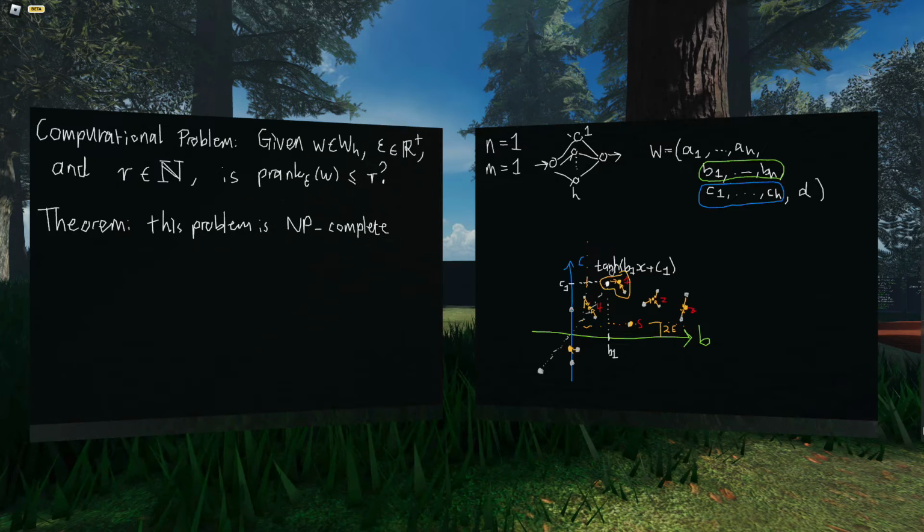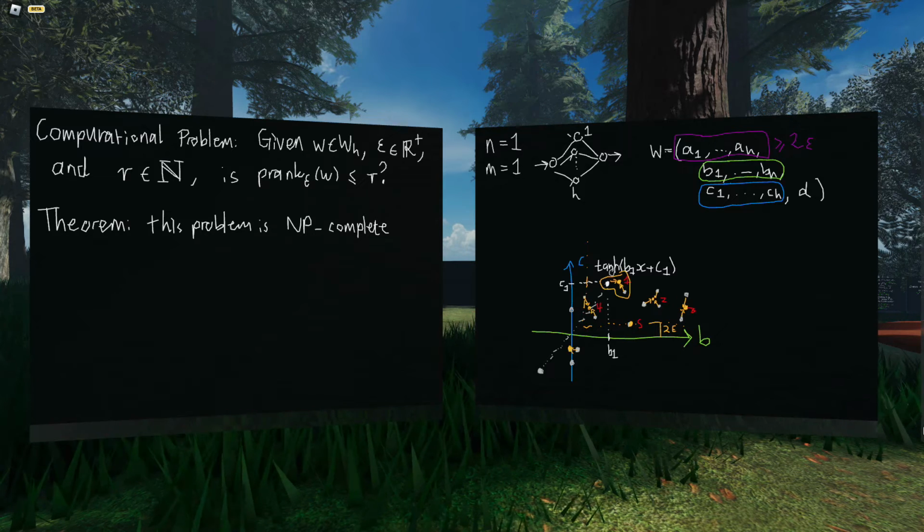So to show that we don't have to worry about that, we work with neural network parameters where all of the a_i values are themselves quite positive. So these are all also greater than or equal to 2 epsilon.